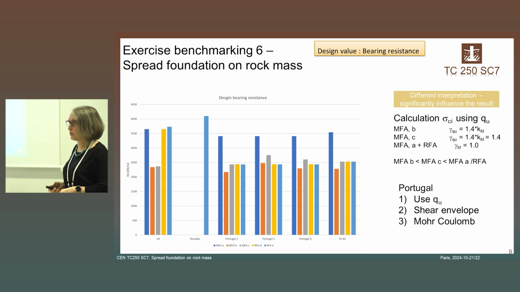And that's up to you in the rock engineering platform, I guess, to be giving guidance on what is the appropriate way here. But even for a simple thing like a spread foundation on rock, without major discontinuities, this is the case.